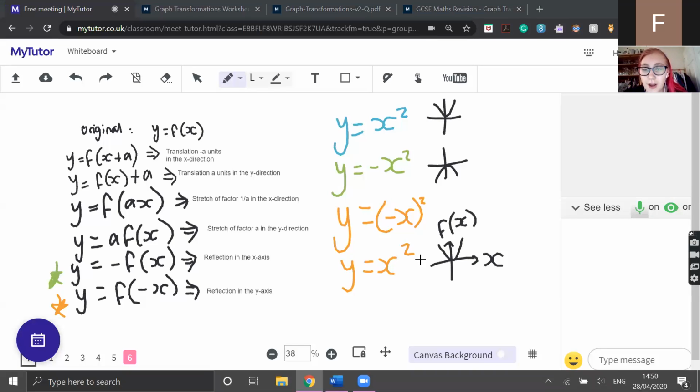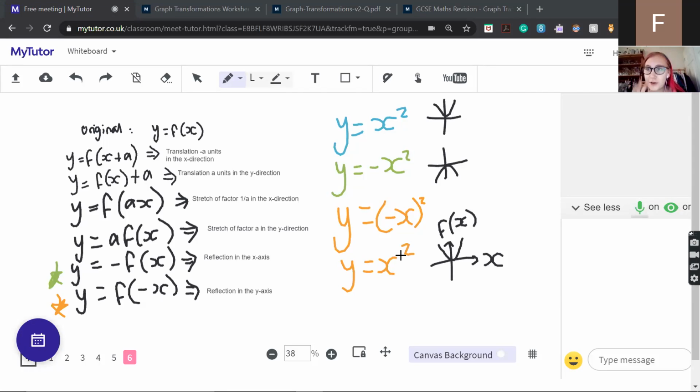I know we've only got 10 minutes left, but my plan is to give you some examples of what these look like, and try to explain this function notation a little bit more. Whilst I'm looking through my questions for that, please put in the Q&A in the chat any questions that you want me to go over in the last 10 minutes. So this is like a Q&A bit. Ask me anything.